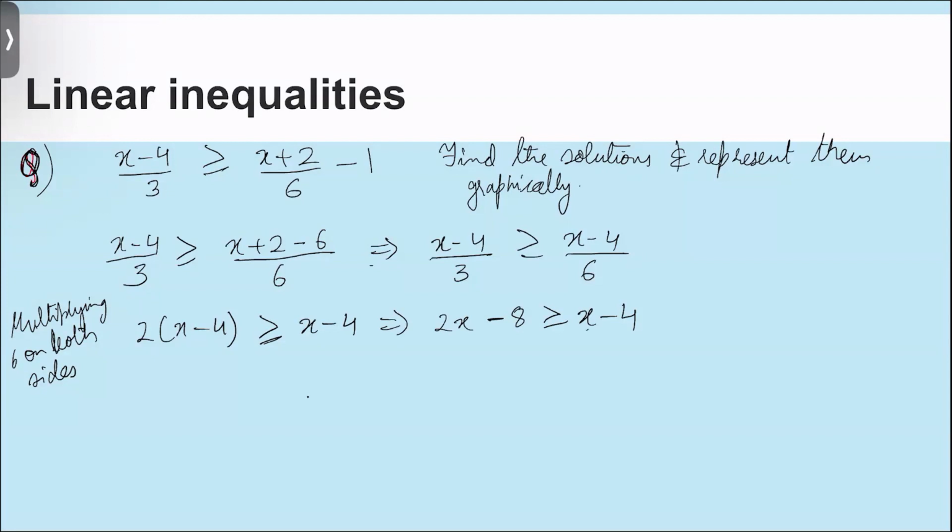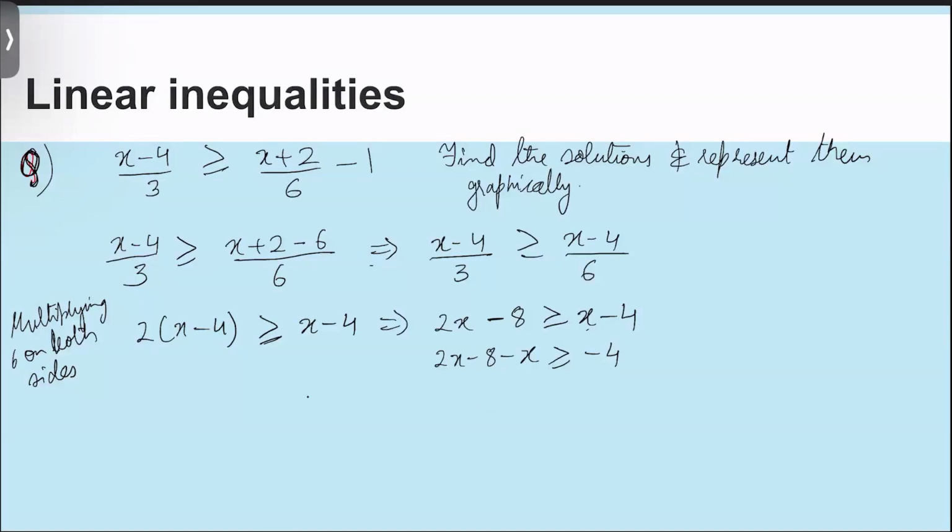If you want to get rid of the x on the right hand side, you subtract x from both sides of the inequality. So you get 2x minus 8 minus x greater than or equal to minus 4. Sorry, this would be only x.